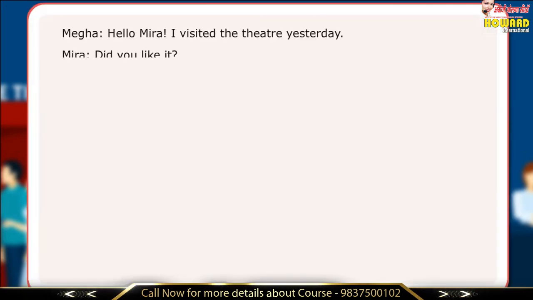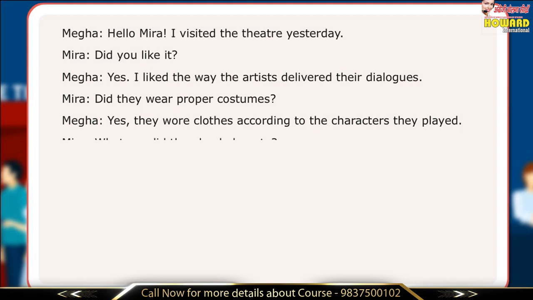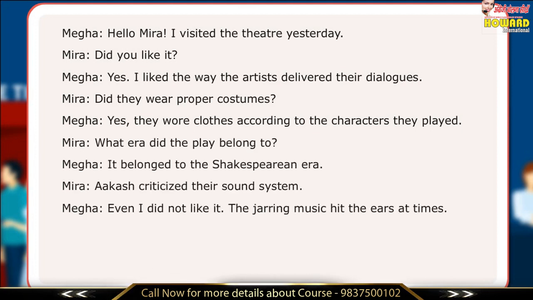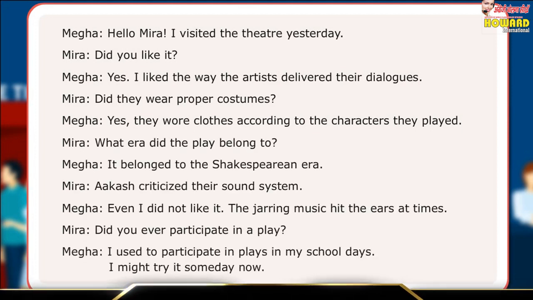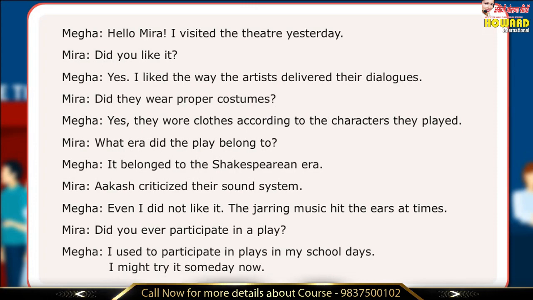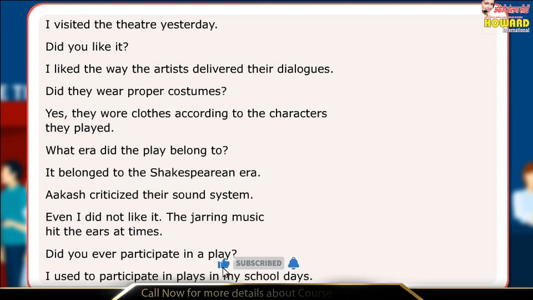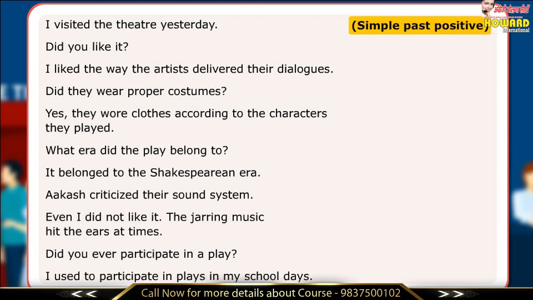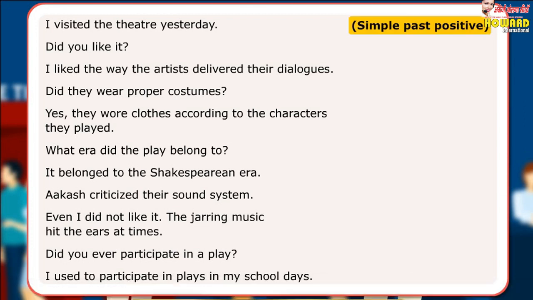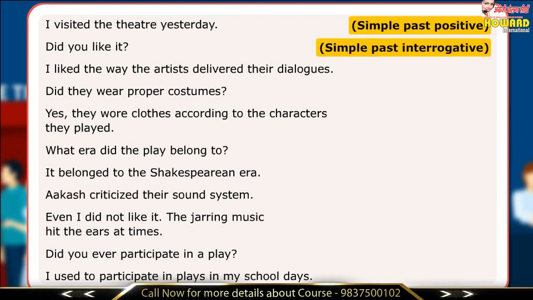In this conversation, Megha and Meera are talking about actions that happened in the past and they are not continuing at the moment. Let us understand the past simple tense in the following sentences. I visited the theatre yesterday. Simple past positive. Did you like it? Simple past interrogative.